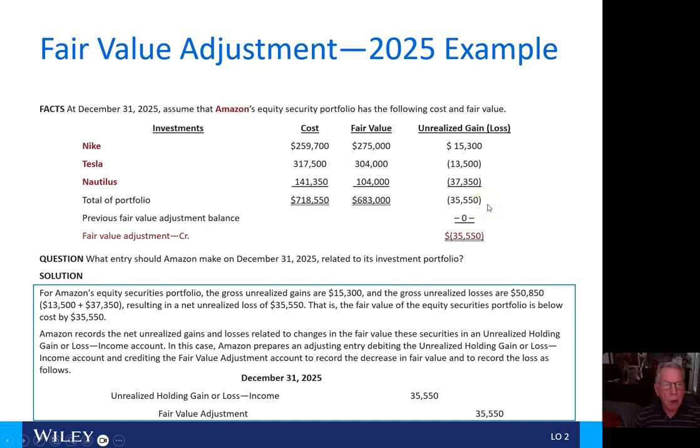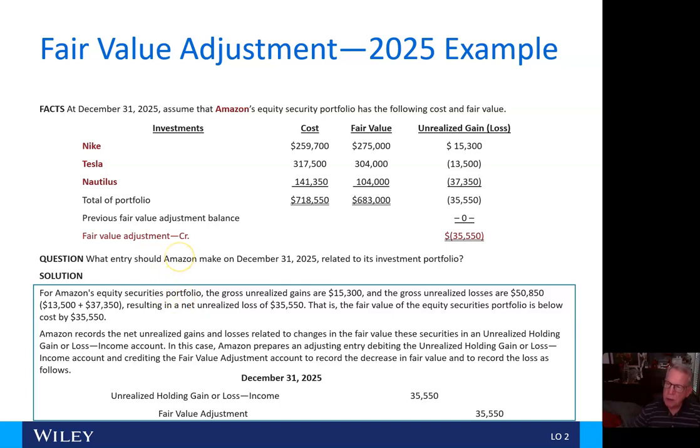That's an unrealized loss of $35,550,000. And because there was no prior fair value adjustment balance, the fair value adjustment is the full $35,550,000. So the question is, what entry should Amazon make on December 31, 2025 related to its investment portfolio?